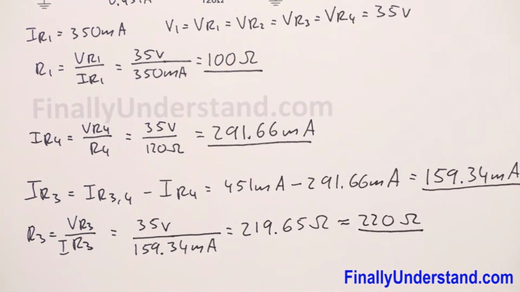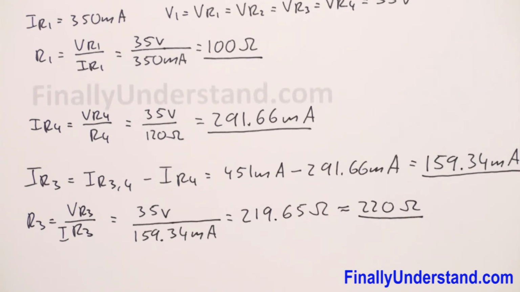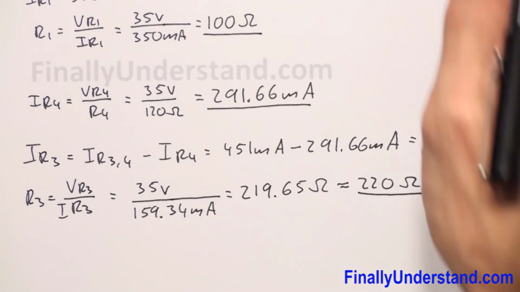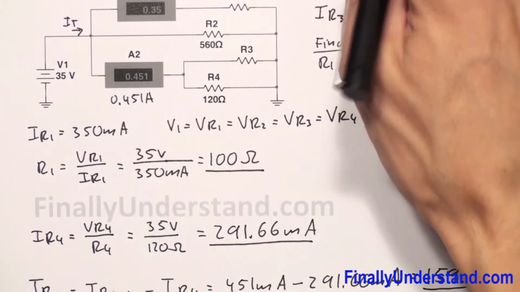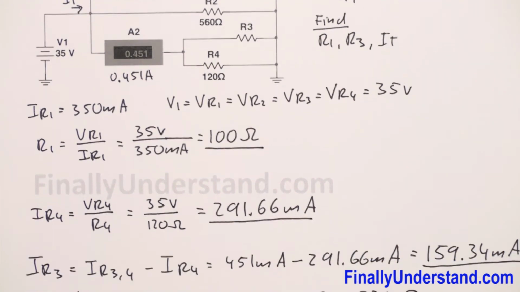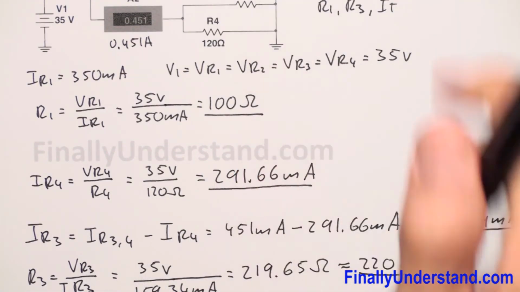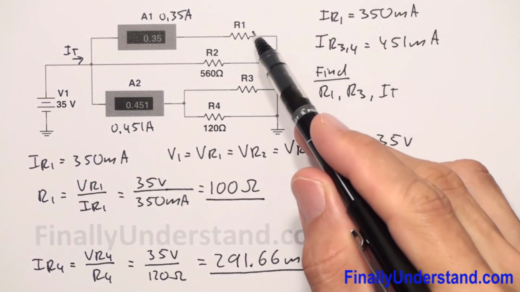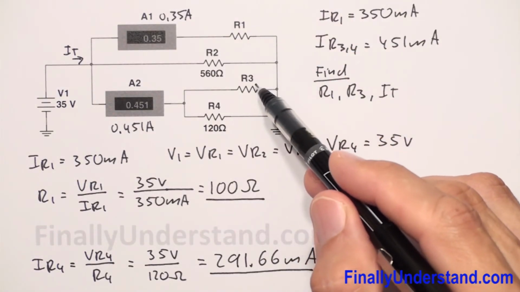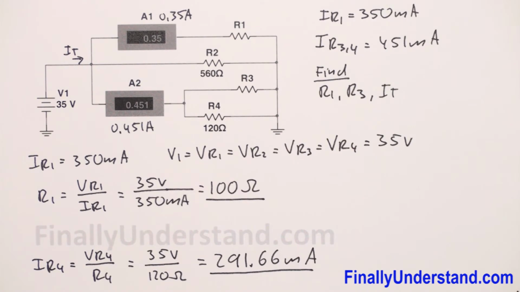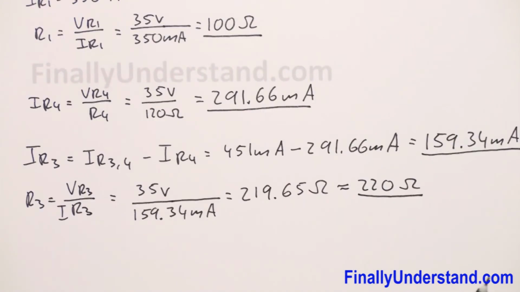And also we can find the total current, because we found the values of the resistors. We found R1, we found R3, so we can find the total resistance.